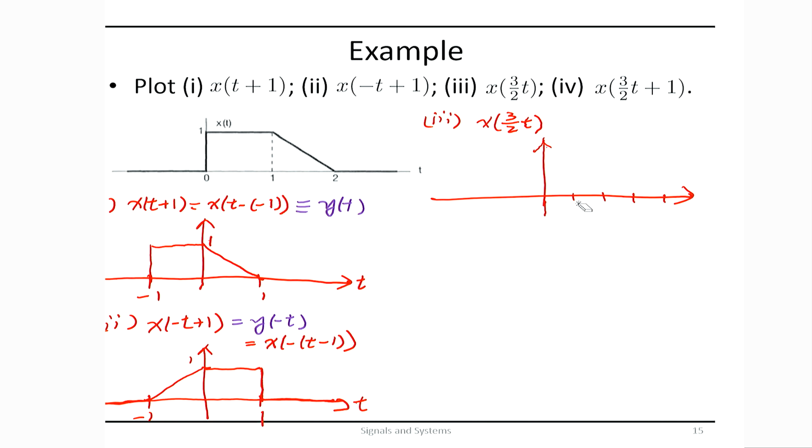So maybe I can draw this closer, so that it actually looks compressed. This point should now occur at this point, and everything else should be scaled accordingly, so the 1 should now occur at 2 over 3. So our signal should look like this.